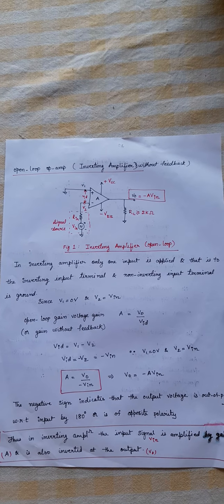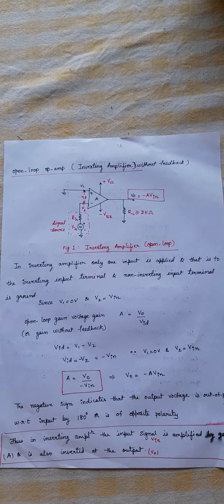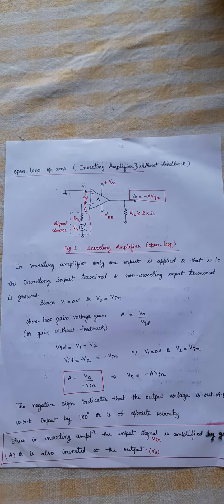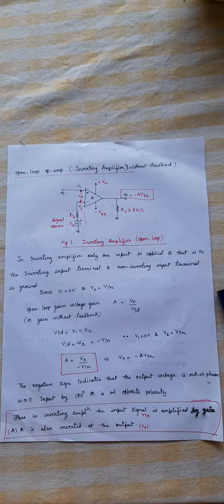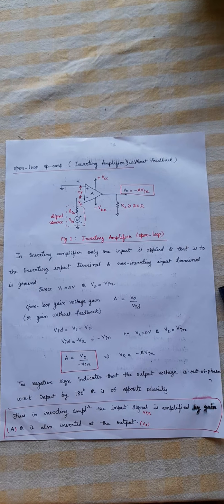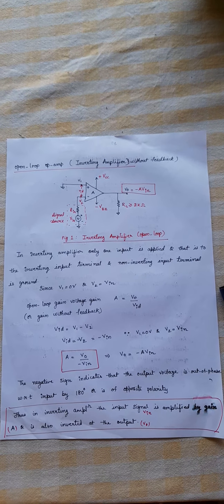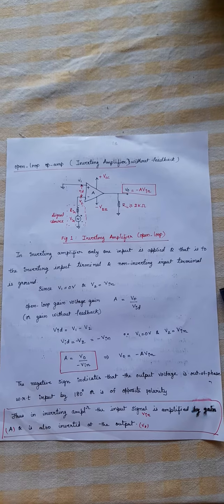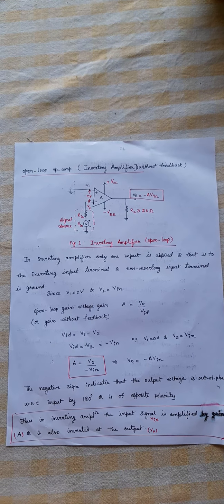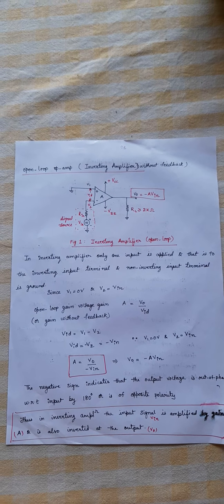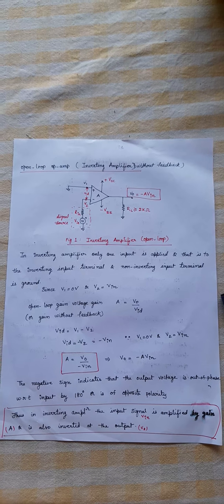where capital A is the large gain of the op-amp and Vin is the input voltage. The negative sign here indicates that the input is applied to inverting terminal of the op-amp. In other words, we can say the output voltage V0 is out of phase by input voltage Vin by 180 degree or is of opposite polarity.